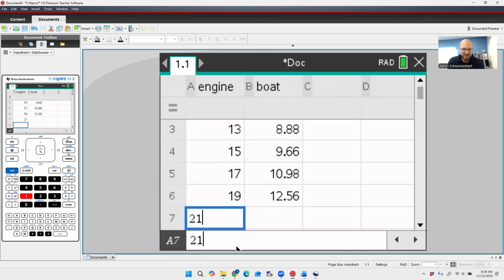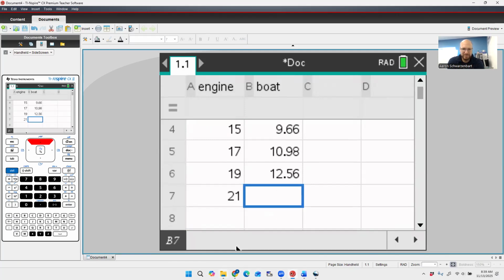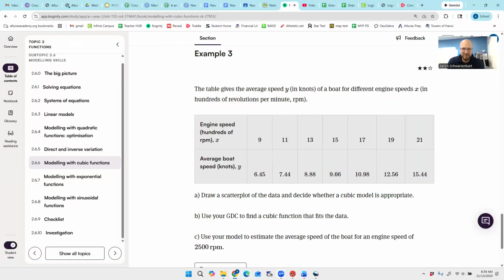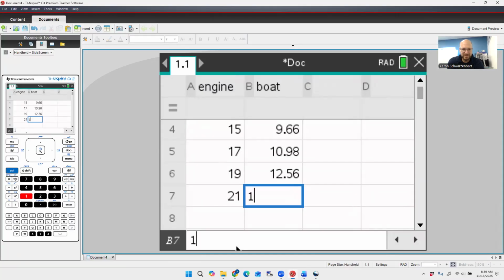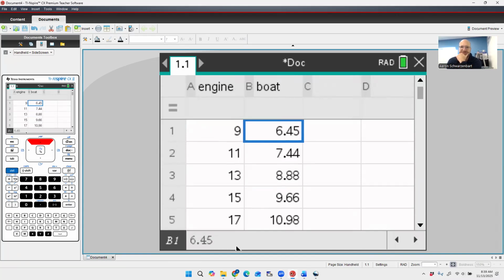Oops, there's a 21 here. Which ones do you need to see? I can put the whole data back up.